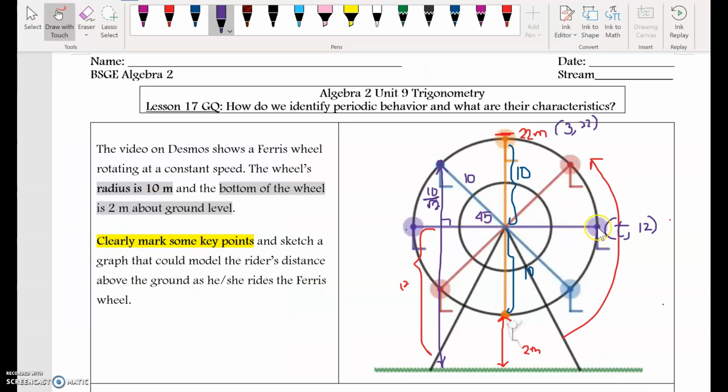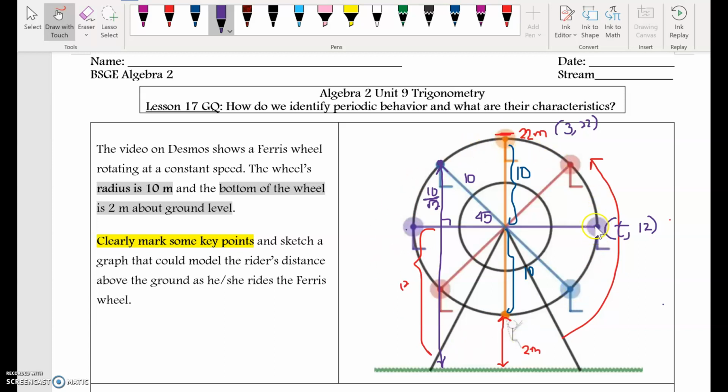To find the easiest points, I would have found the points that would actually land on 0 degrees, 90 degrees, 180 degrees, 270 degrees, and going back to 360 and so forth.